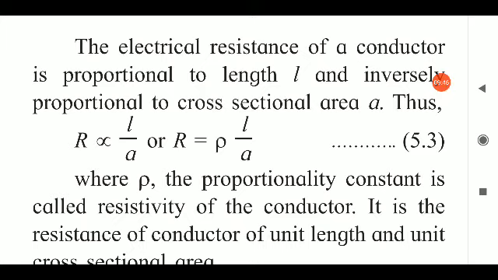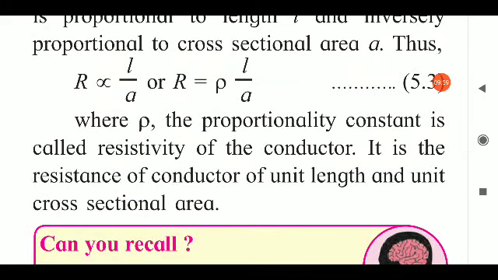Now students, instead of this proportionality sign we can take rho, which is called the proportionality constant, or we can also call it the resistivity. You should underline this sentence. What is meant by resistivity? At that time you can write its definition like this also: it is the resistance of a conductor of unit length and unit cross sectional area.